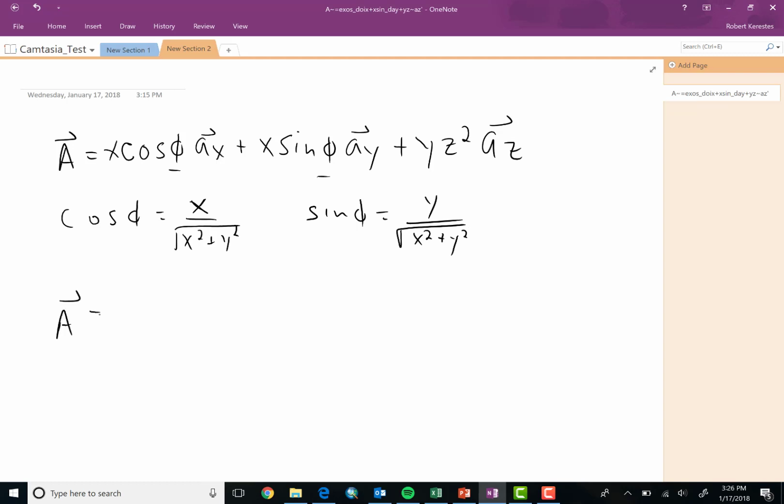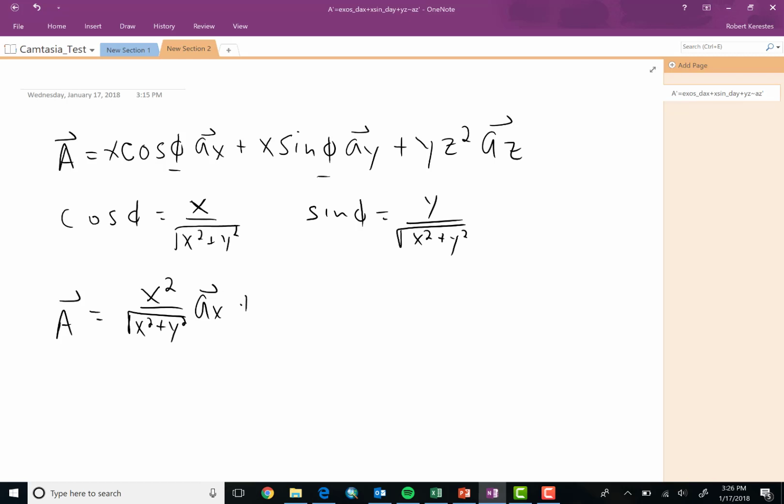So now we have, substituting x divided by the square root of x squared plus y squared for cosine of phi, x squared divided by the square root of x squared plus y squared multiplied by the Ax vector.